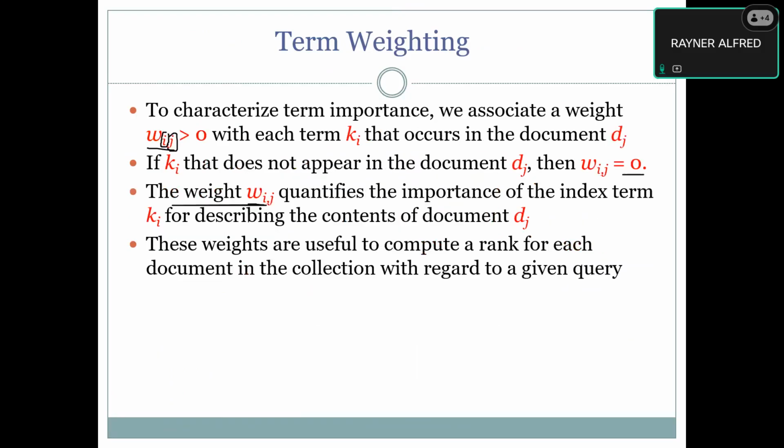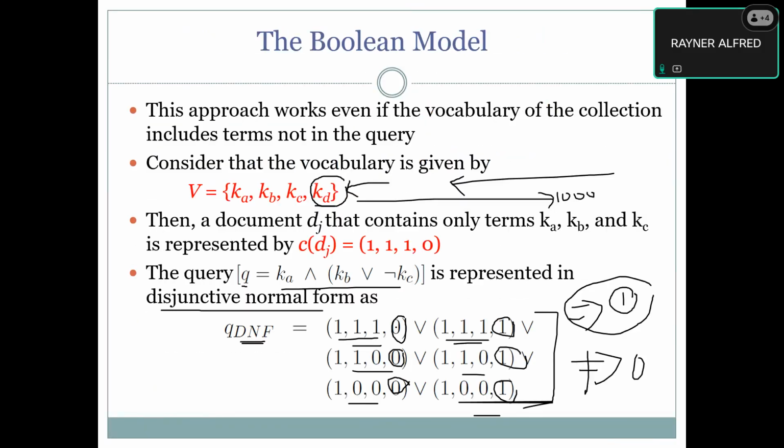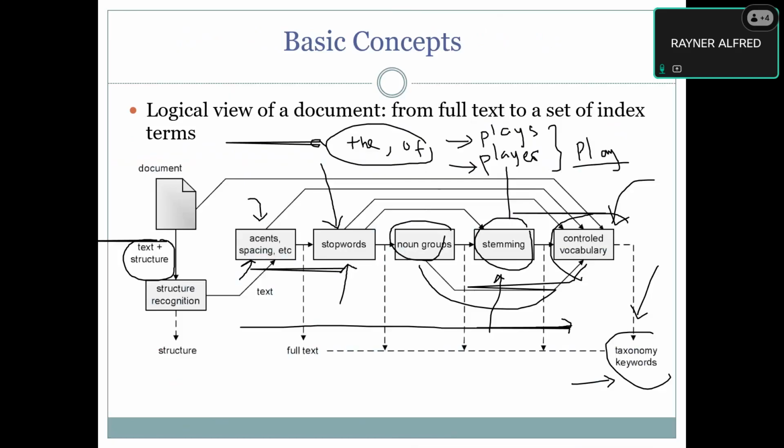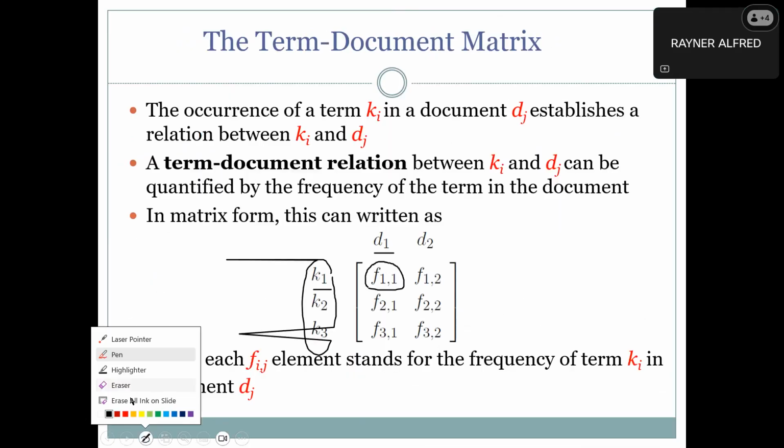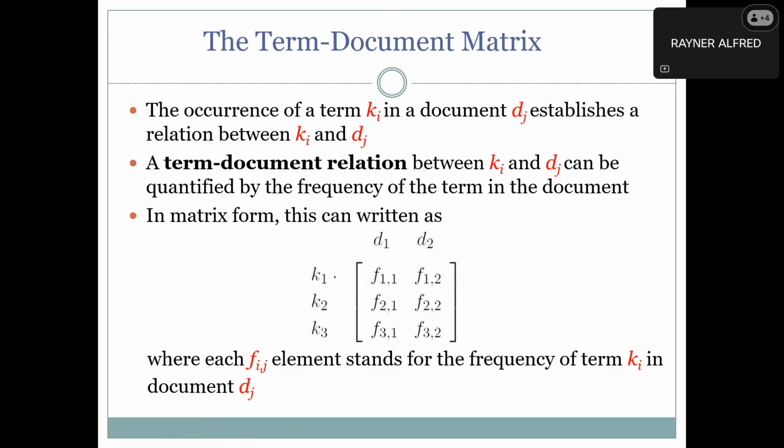Or if we go back to the previous matrix, we have all the keywords here. Now if we use the term weighting, this f11 refers to the number of times keyword 1 exists in document 1, right? And similarly, this is the number of times keyword 2 exists in document 1.